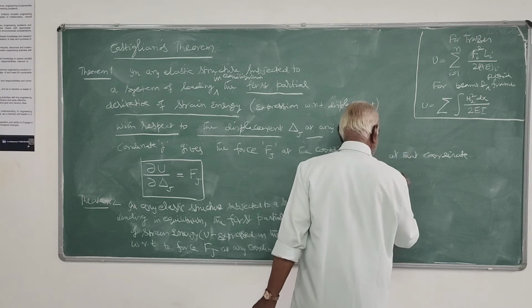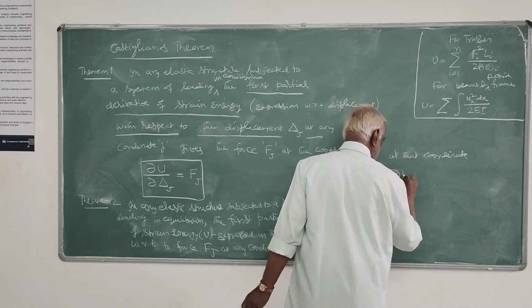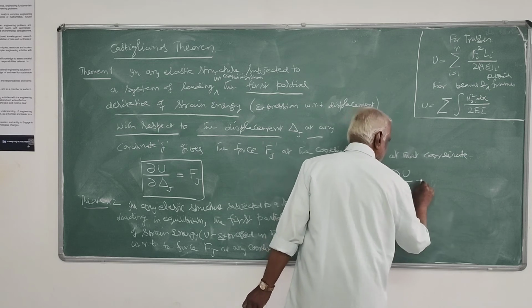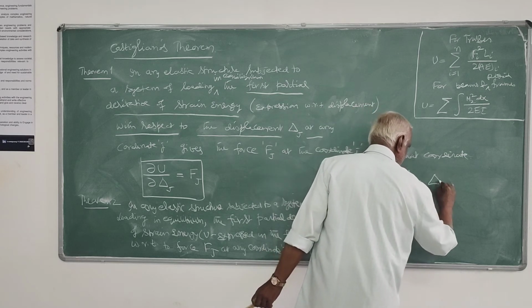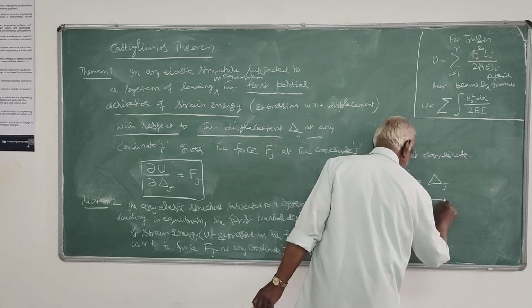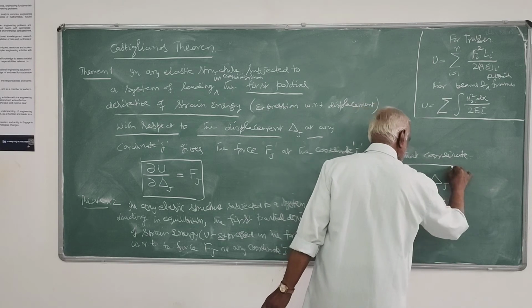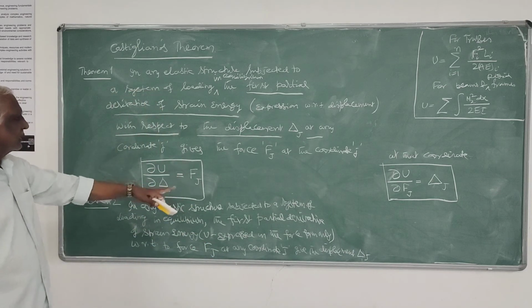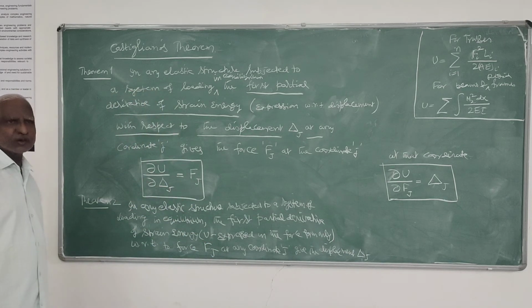That is, delta U by delta Fj is equal to delta J. This is your Castigliano's second theorem. The earlier one is Castigliano's first theorem.